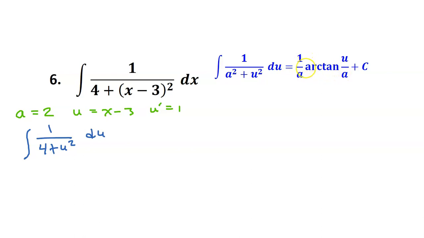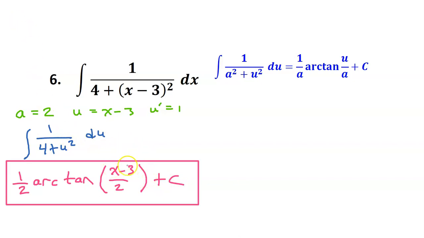So it's 1 over a, so that's going to be 1 over 2, and then arctangent, and then we have u over a. I think I'm going to go ahead and put the x minus 3 back in right now, so that's going to be x minus 3 over 2 plus c. So that's it for number 6.